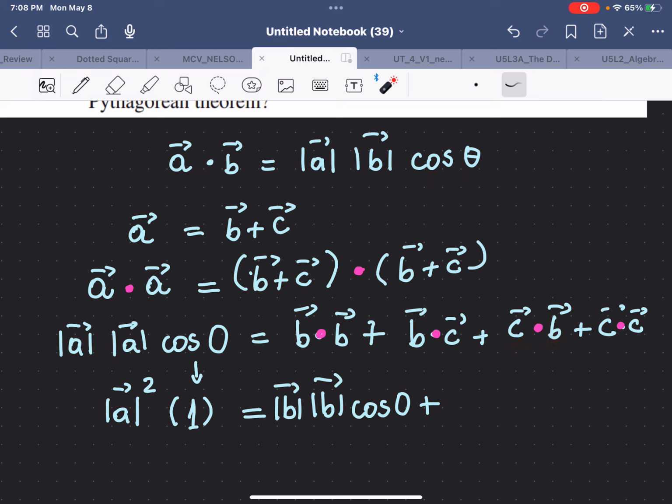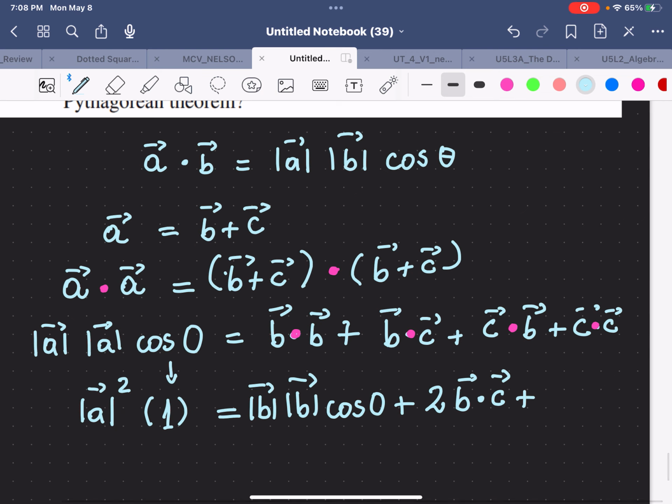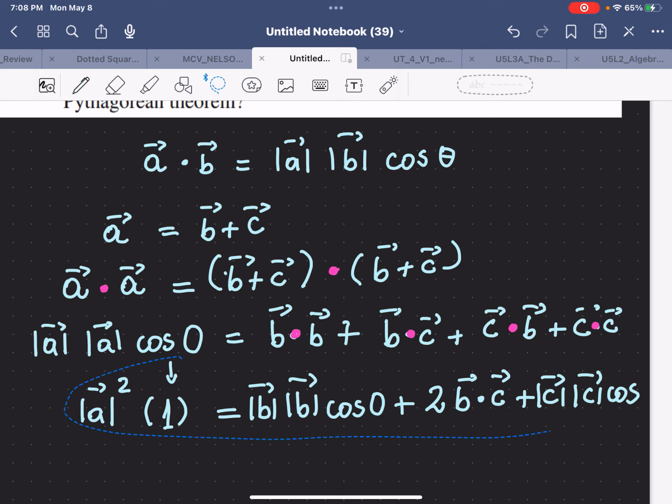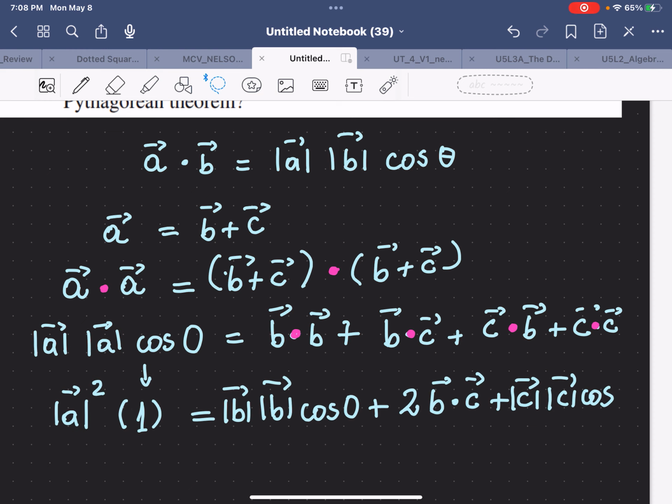What that means is that we can combine them together in a B dot C multiplication. And again, for vector C dot C, we'll have the magnitude of C multiplied by the cosine of the angle C makes with itself. And again, what angle does a vector make with itself? Angle 0. So we'll write 0 here.